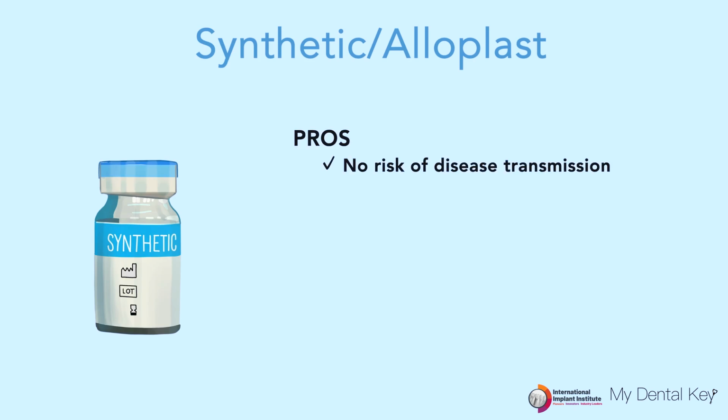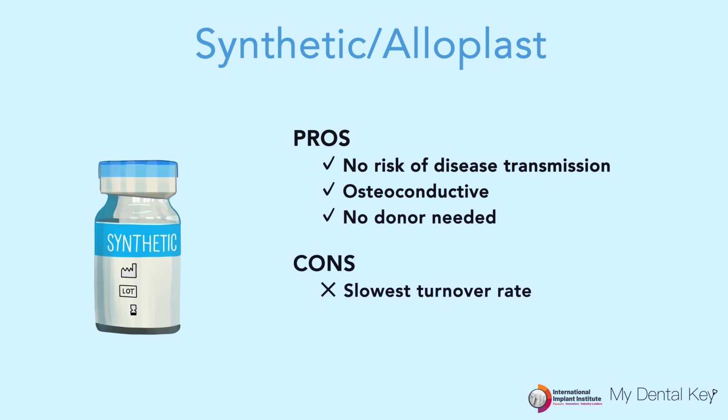Synthetic bone grafts, or alloplasts, are made from biocompatible materials such as hydroxyapatite, calcium phosphate, or bioactive glass. These materials are made to mimic the mineral composition of bone. Alloplasts eliminate the risk, however small, of disease transmission, making them a great option for patients who require a safe and predictable bone graft. They also have the slowest turnover rate and are therefore osteoconductive.